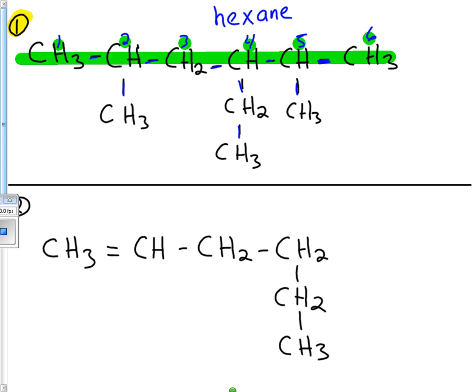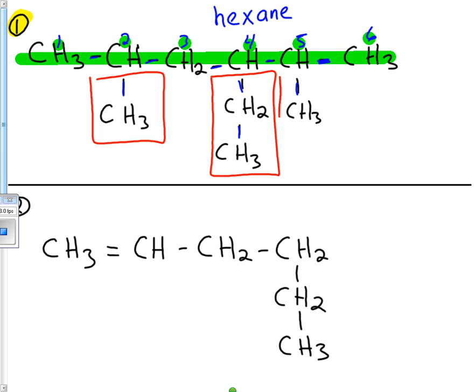All right. Our next step is to find our branches. So in this example, we have 3. When you're looking at your branches, you need to box these out. We found 3 branches from our parent chain.